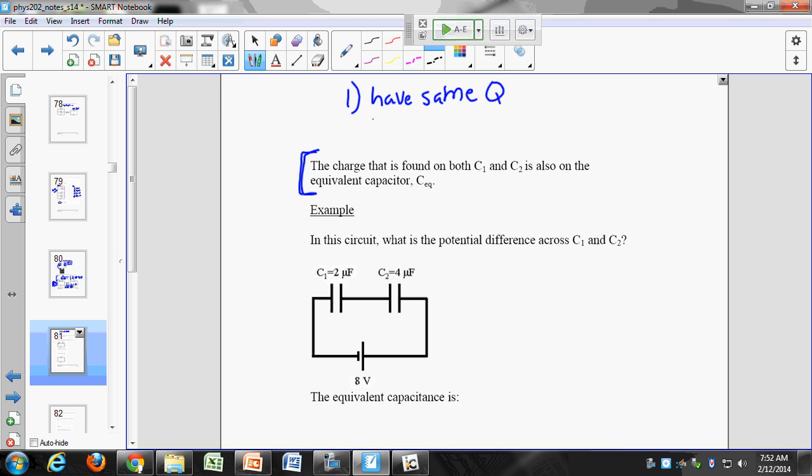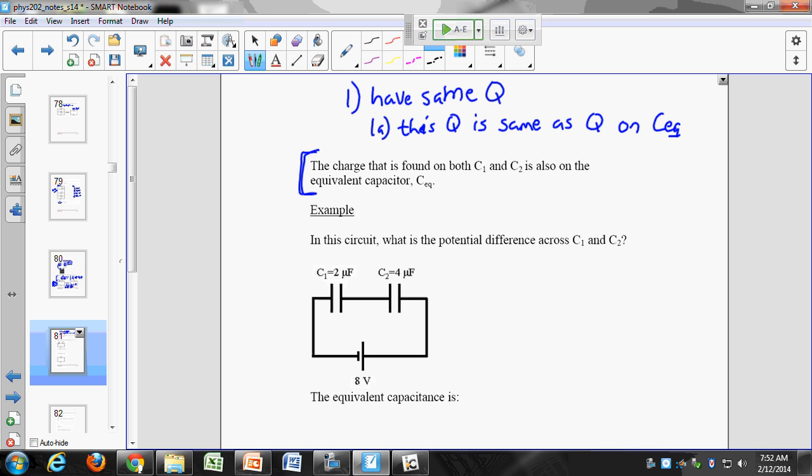All right, well, I'm going to have a rule 1A, like a subset of this rule, and that is this charge is the same as the charge on the equivalent capacitor. So if I have 2 capacitors, they have the same charge, and that charge is the same as the charge on the equivalent of those 2 capacitors.